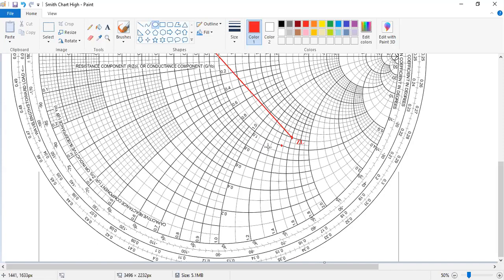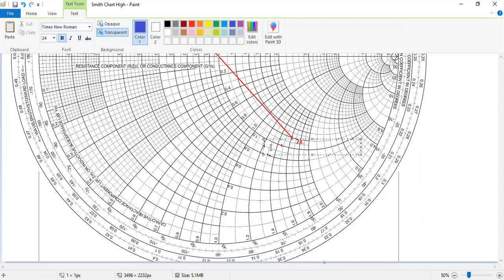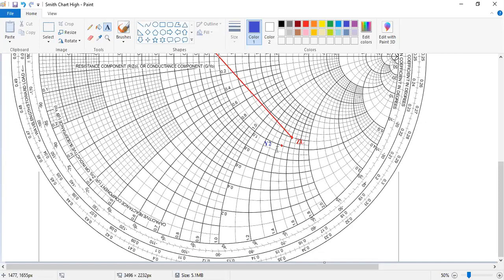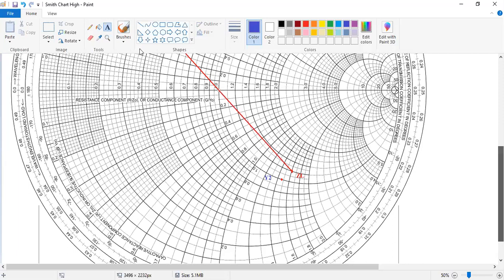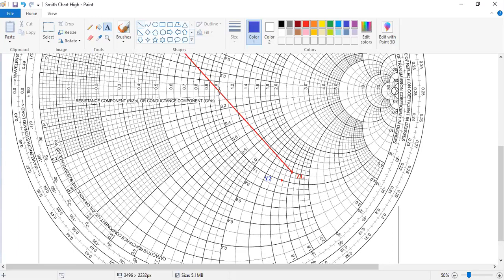So this point will be y2, I'll mark it with another mark. This is y2. And this y2, now you can take it outside, passing through this.